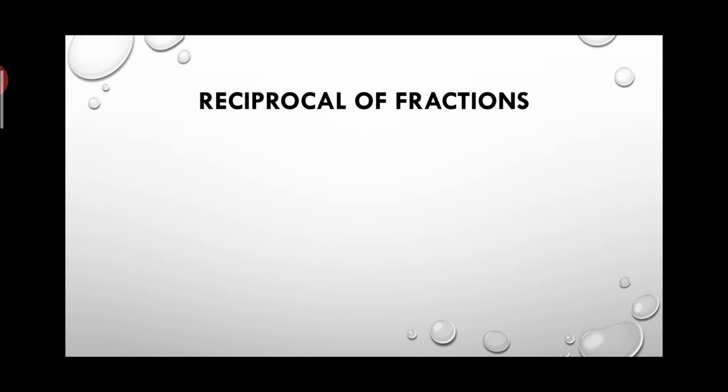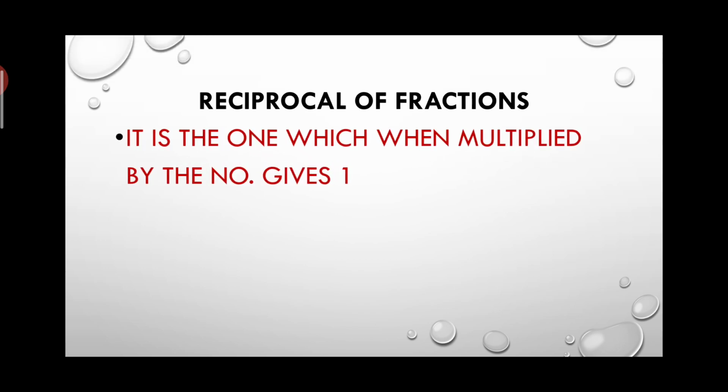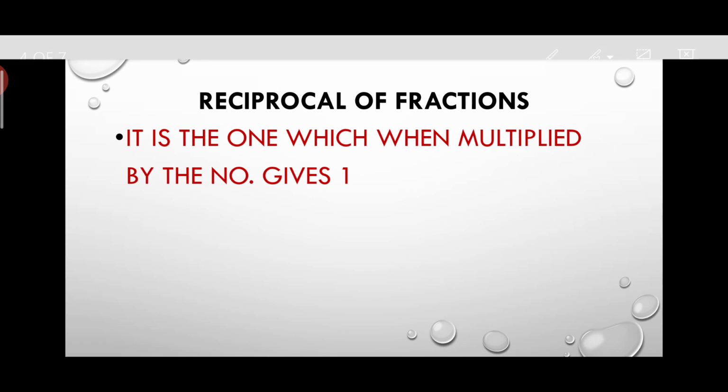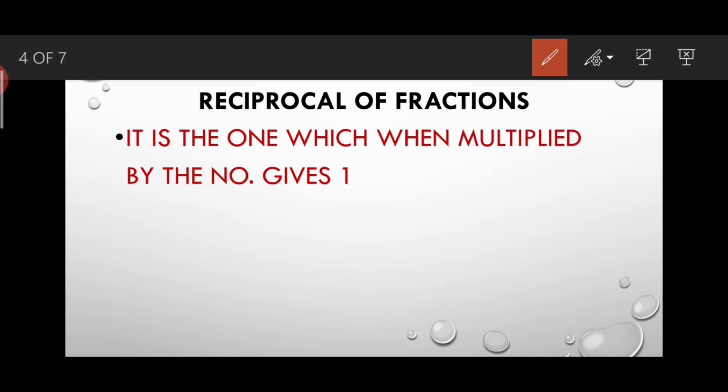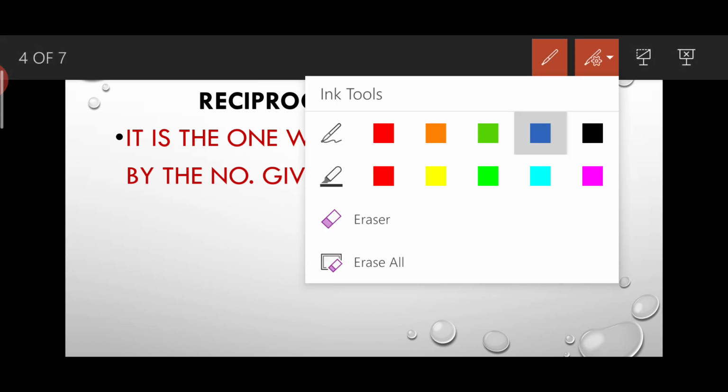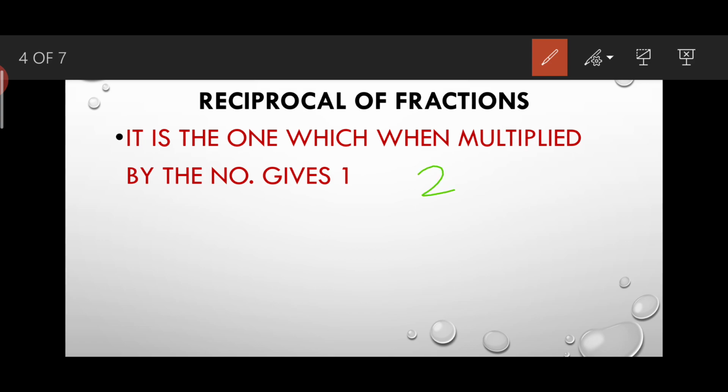First point is, reciprocal means it is the one which when multiplied by the number gives 1. For example, let us say you have a number 2. If you multiply a number by its reciprocal, then the result will always be equal to 1.